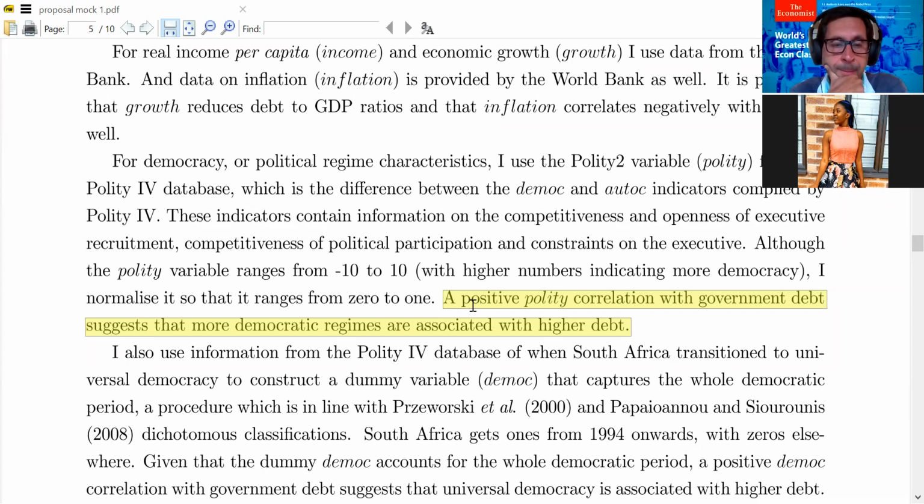So the prediction from the literature is that democracies tend to spend more than autocracies, right? Because they are always trying to satisfy the median voter. And the more equal a society is, the more people we have in the middle, right? And more median voters we have.